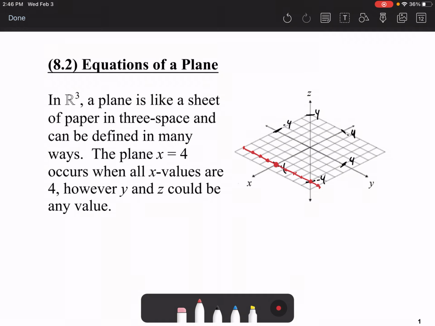You can extend it upwards into all the z values, or even downwards for that matter. We usually use the upwards values to show it, and therefore you can just draw it as a sheet of paper, like so.